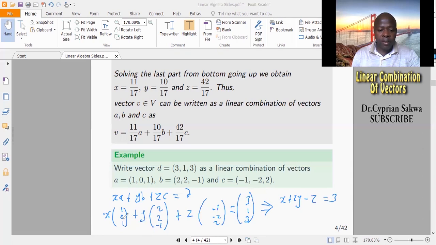And in this other one, x times 0 is 0, so it will be 2y minus 2z equals 1. And this other one will be x minus y plus 2z equals 3.